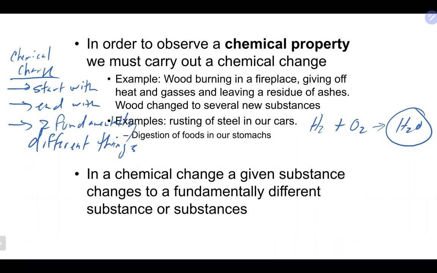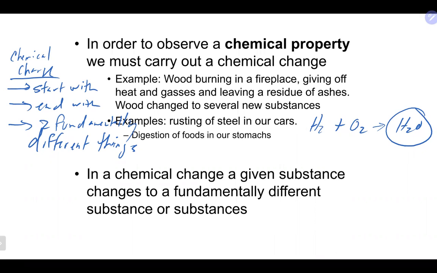So with physical changes, what we start with and what we end with are basically the exact same thing fundamentally. With a chemical change, what we start with and what we end with are two fundamentally different things. And you can't really get back the original substances without going through another chemical reaction.